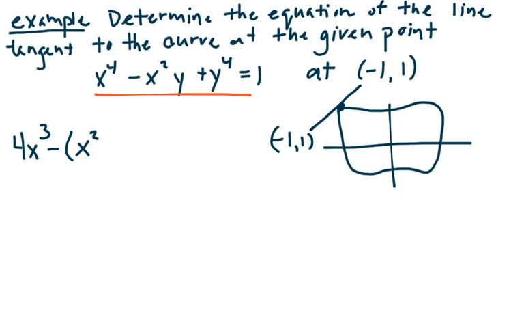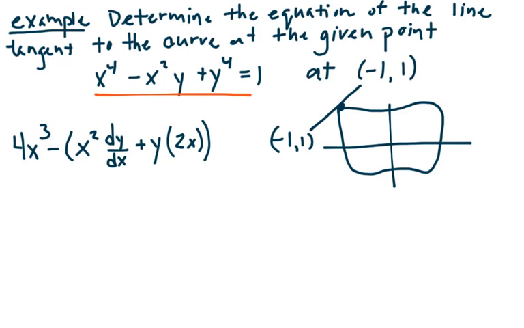Remember, y implicitly depends on x, so the derivative of y we write as dy/dx. Some people write it as y prime. Either notation is fine. So we have x squared times dy/dx plus y times the derivative of x squared, which we differentiate like normal. That takes care of the middle term.